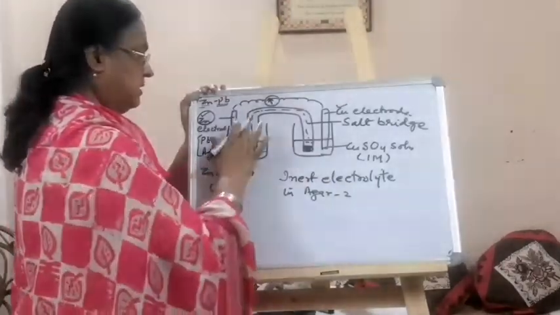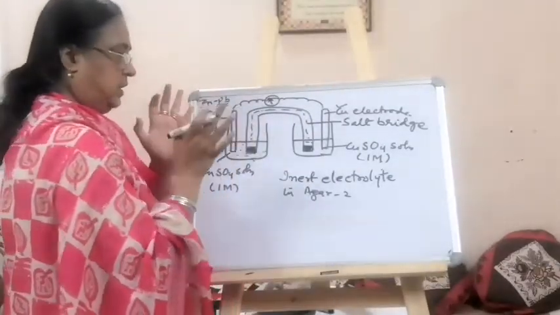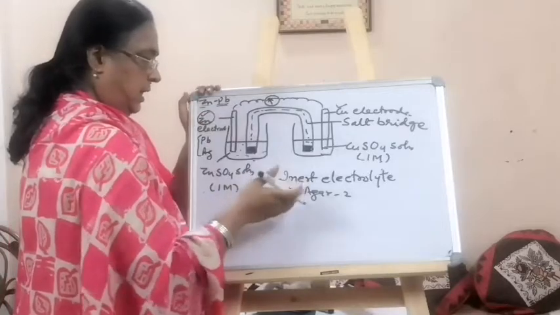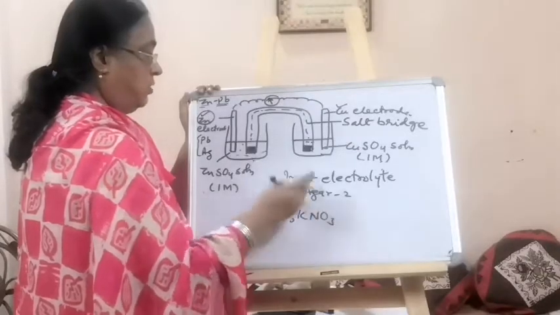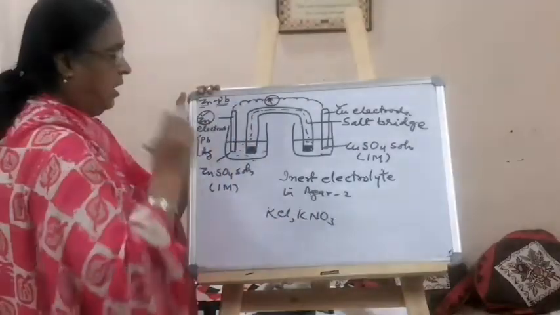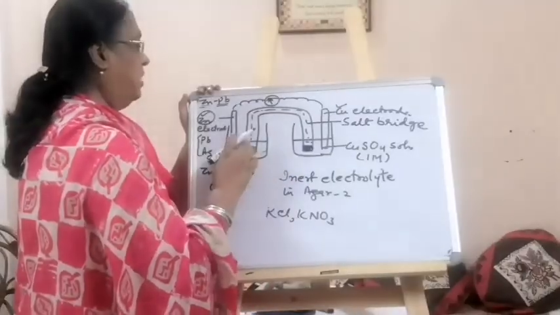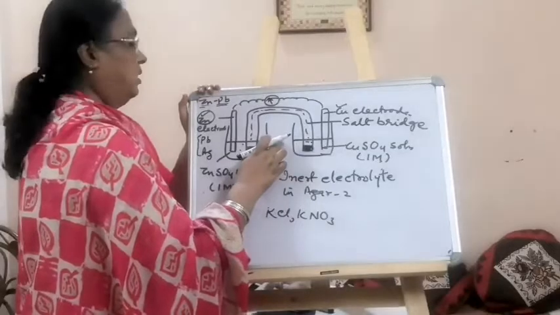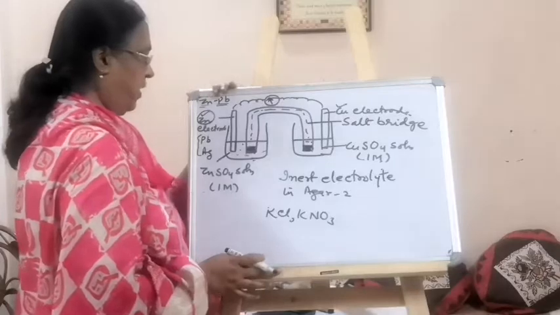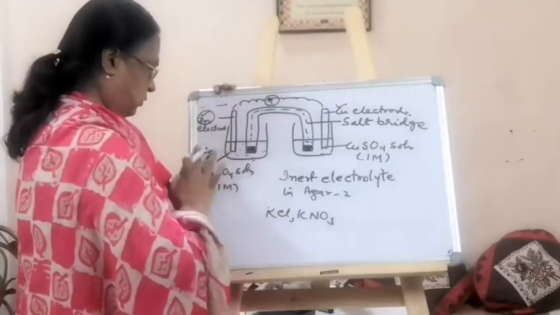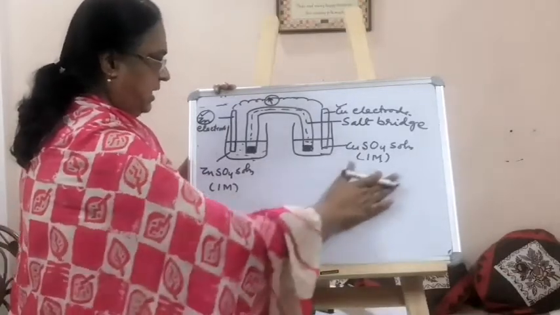As I told you, KCl or KNO3 electrolytes are mixed with agar and packed into it, and a cotton plug is put at the ends. As soon as the salt bridge is fixed, this needle will show a deflection from 0 to 1 volt. The salt bridge has a very important role that we will see later.